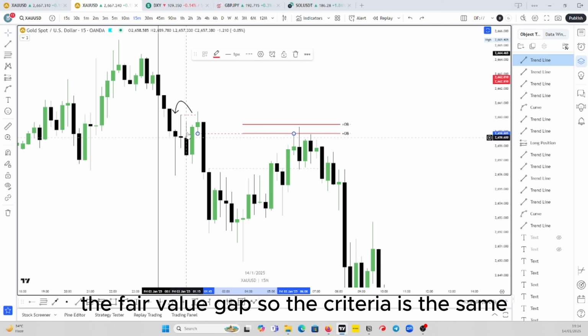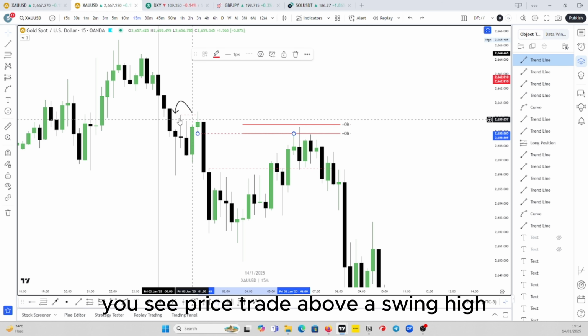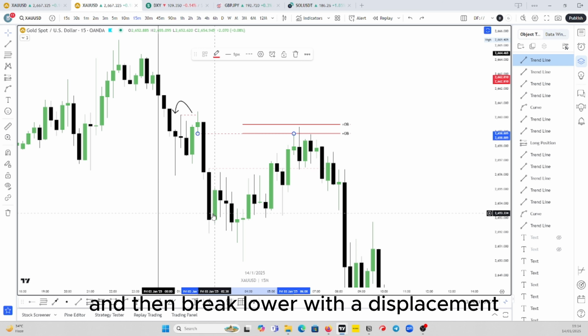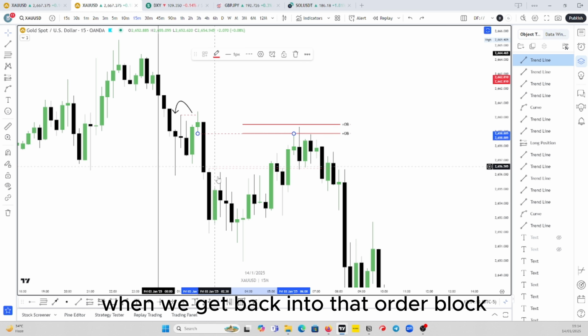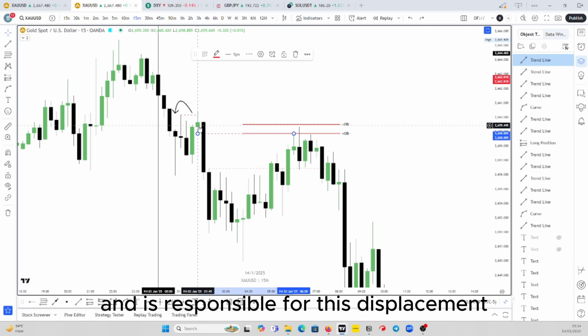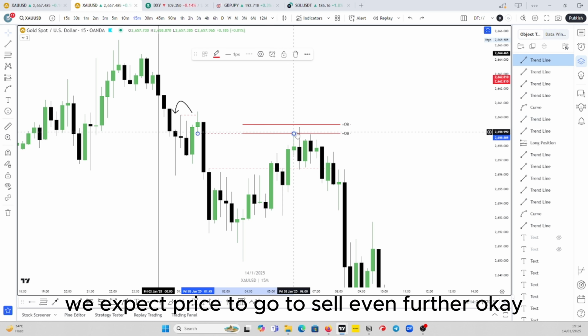So the criteria is the same. You see price trade above a swing high and then break lower with a displacement. When we get back into that order block, into that candle that swept liquidity and is responsible for this displacement, we expect price to go to sell even further.